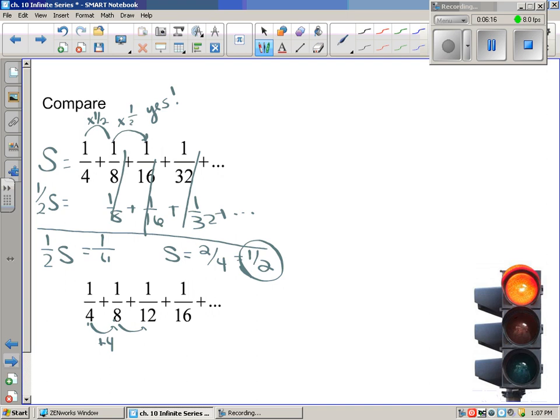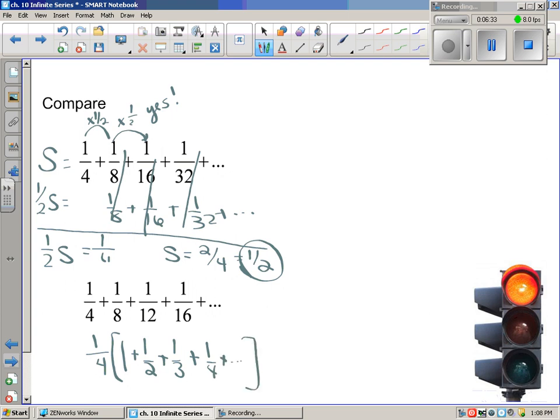Then what we can do instead is recognize the harmonic series. Again, as I showed you in the previous example, you take the 1/4 and you pull it out. You would be left with 1, 1/2, 1/3, 1/4, and so on.